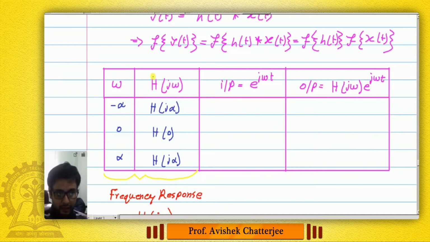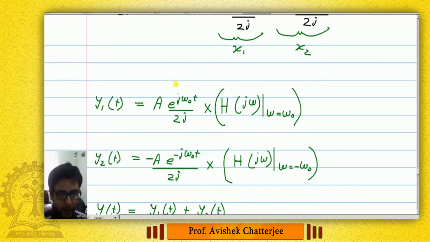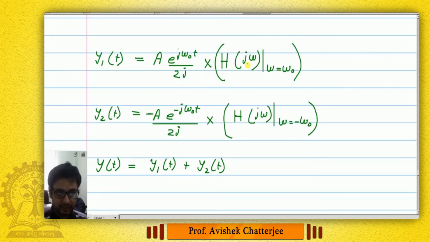And basically this H(j omega) acts as the multiplicative factor for different input frequencies, or you can call this the amplification factor or gain factor for inputs with different frequencies.